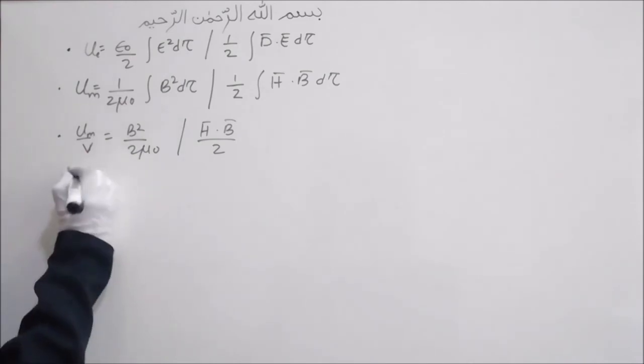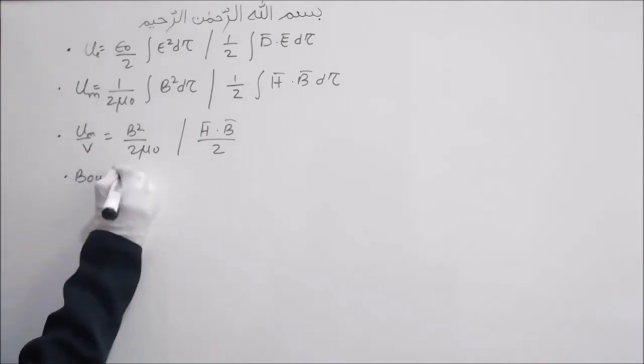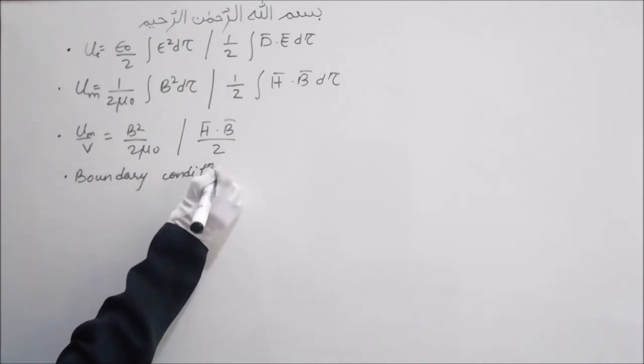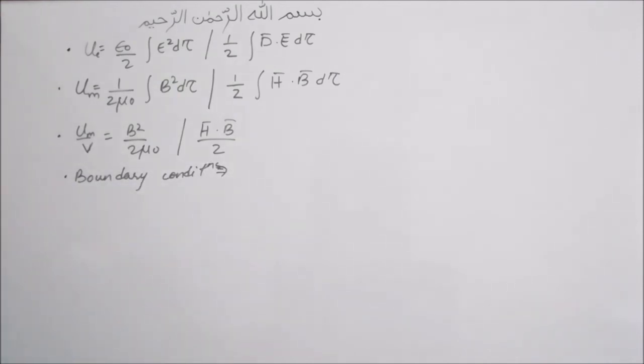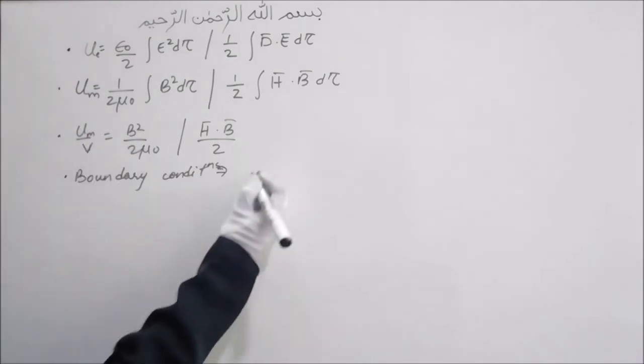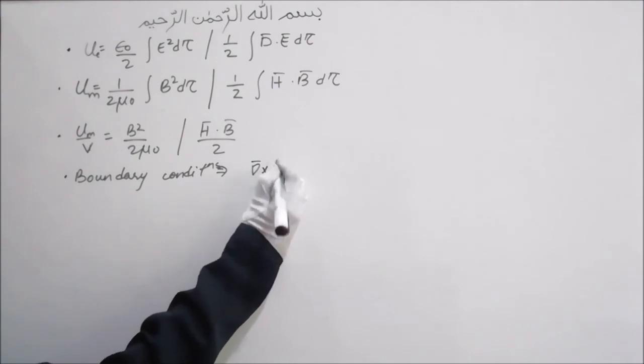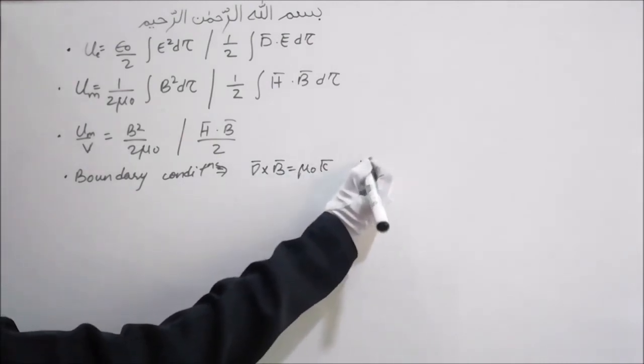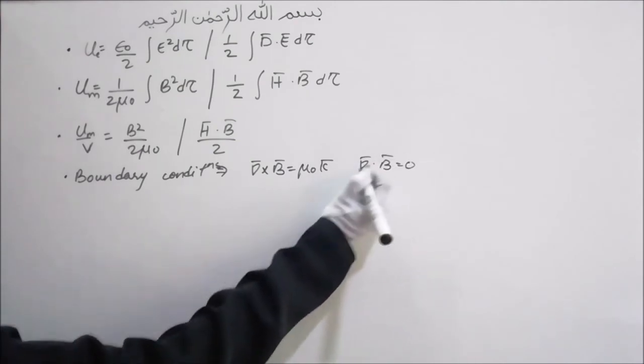Now we'll have boundary conditions. Boundary conditions for the magnetic field we have already seen: del bar cross B bar is equal to mu naught K and del bar dot B bar is equal to 0.